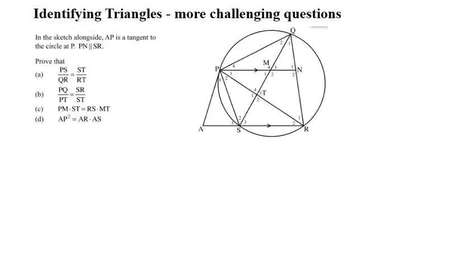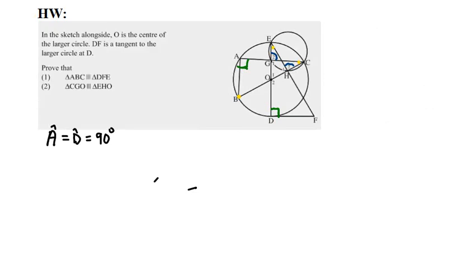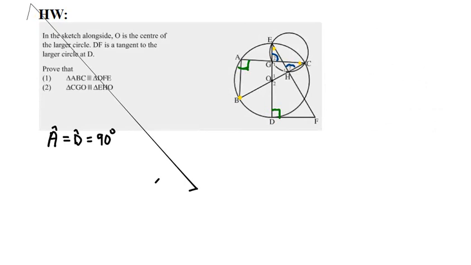So I'm going to go: angle A is equal to angle D. And then my reason for both of these will be angle in a semicircle.